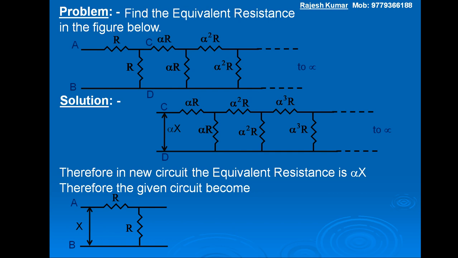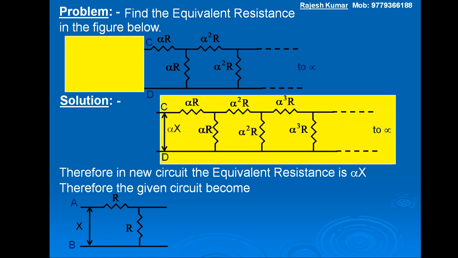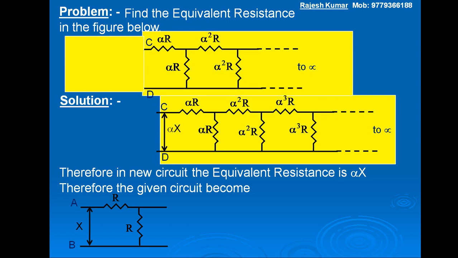Now if we remove the first element, the remaining circuit we are left with is the same as we get by multiplying each resistance of the previous circuit by alpha.